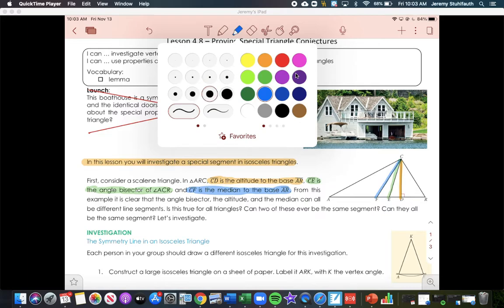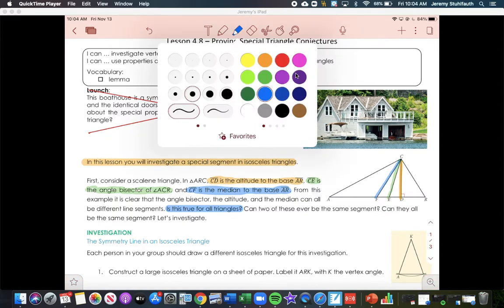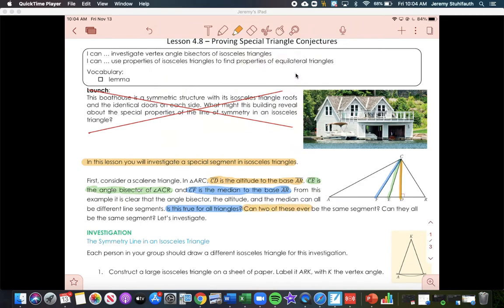Is it possible for two of these to be the same segment, or could they all be the same segment? So we're going to complete an investigation that looks at this, and we're going to focus on isosceles triangles.